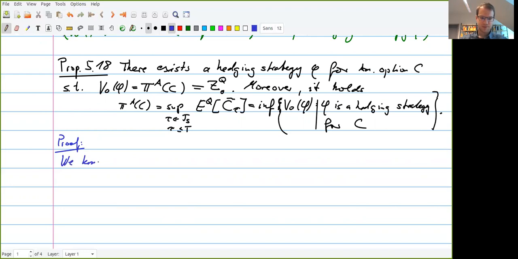So first thing we know is, if I look at the Snell envelope of the discounted American option with respect to the martingale measure Q, we know it's a Q super martingale.